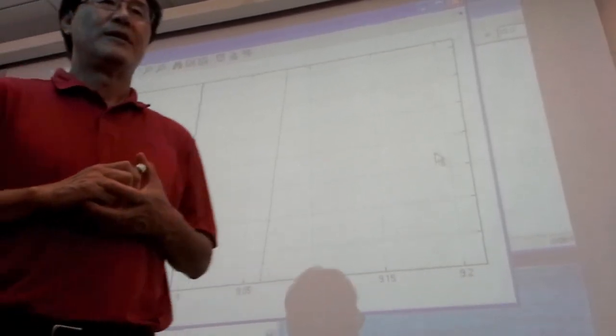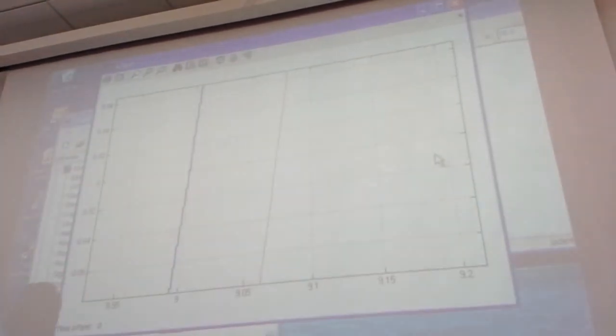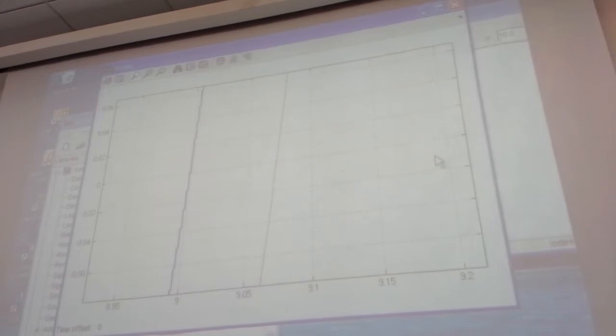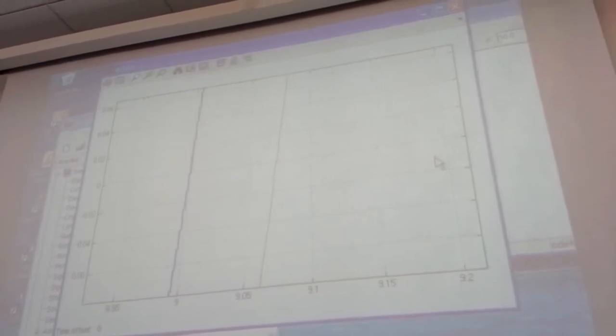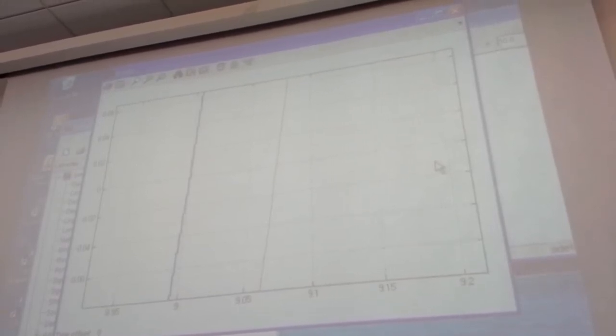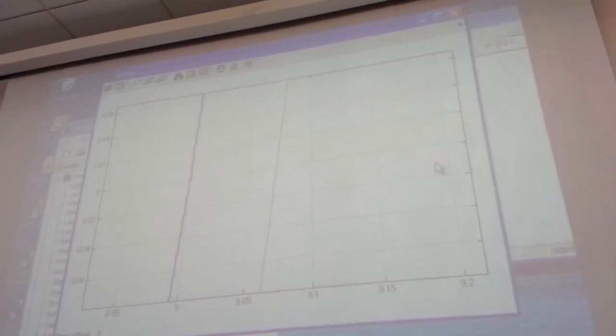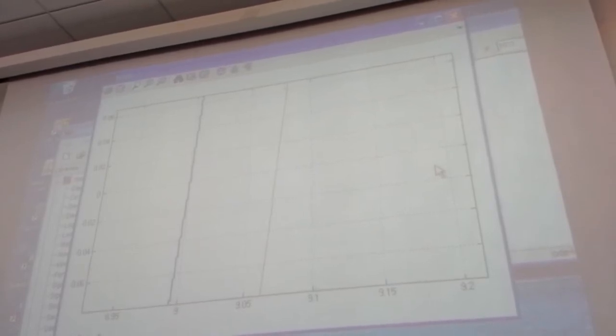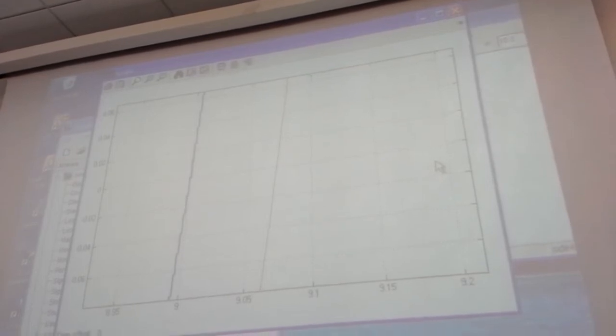What were you doing there exactly with the 0.5? Because one period, T, corresponds to 2 pi, right? So if you have a time delay, let's say TD, then what will be the phase angle?